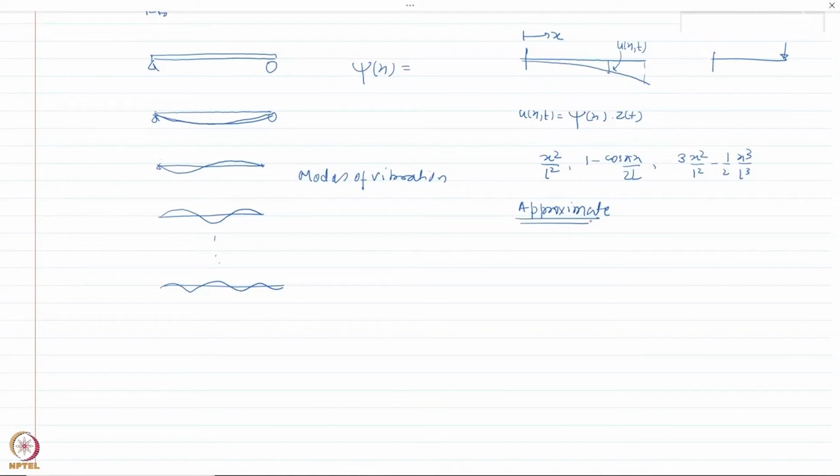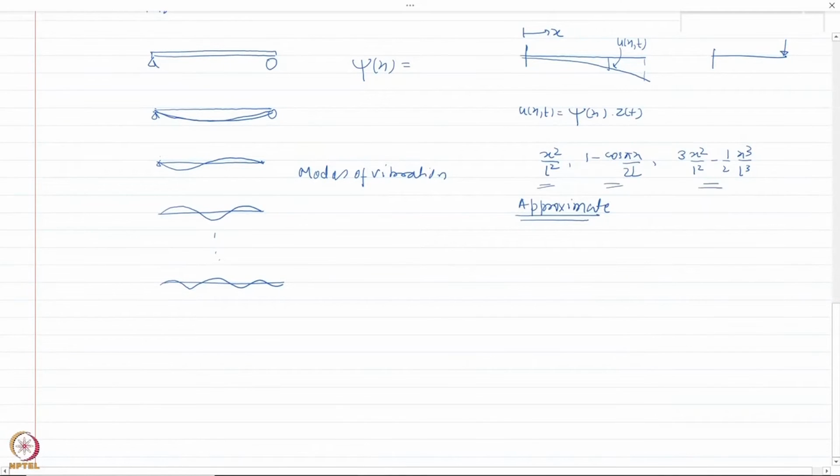Now all three shape functions can be used to represent the deflected shape of this cantilever beam. However, the only condition that all selected shape functions must satisfy is the displacement boundary condition.